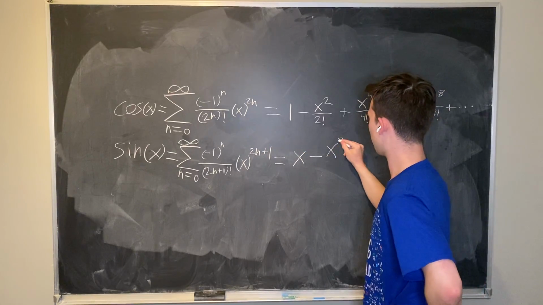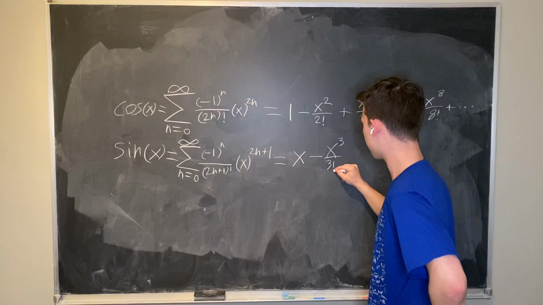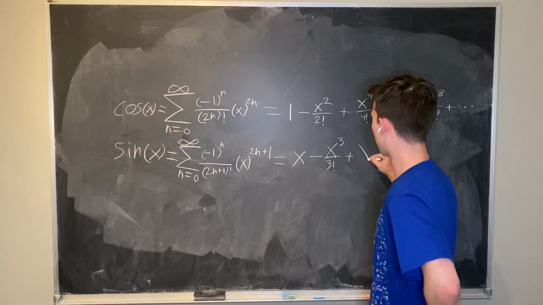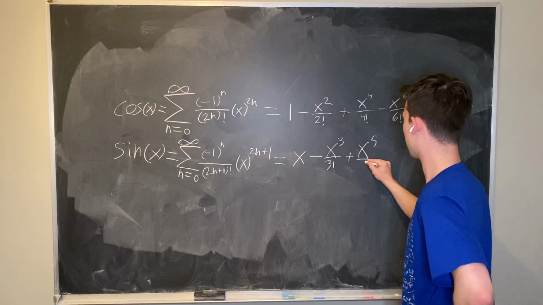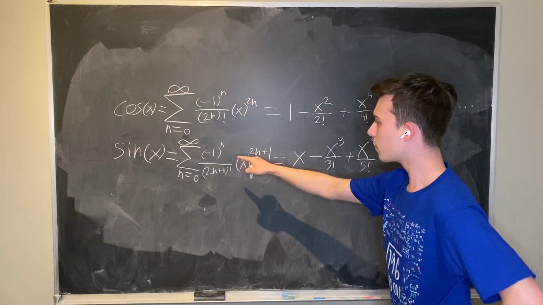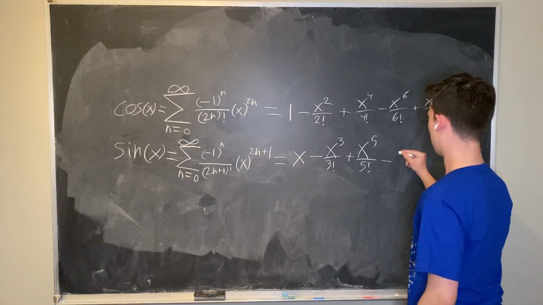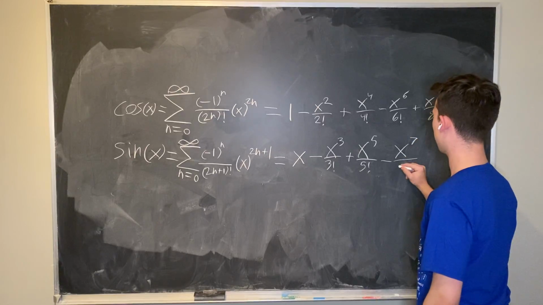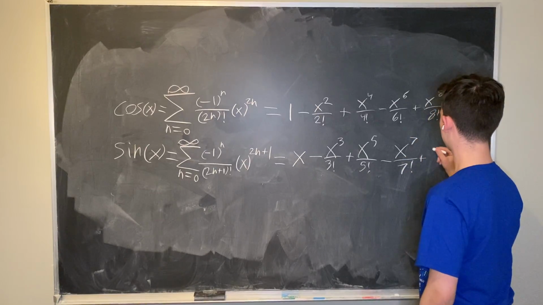So minus x to the 3rd power over 3 factorial. We follow the pattern just like I did with cosine, and we'll get an odd polynomial.